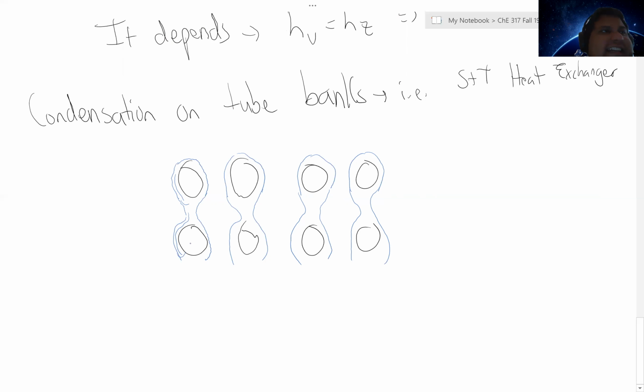Which means we have to identify a correction factor for a heat transfer coefficient to describe the average performance of each single tube.